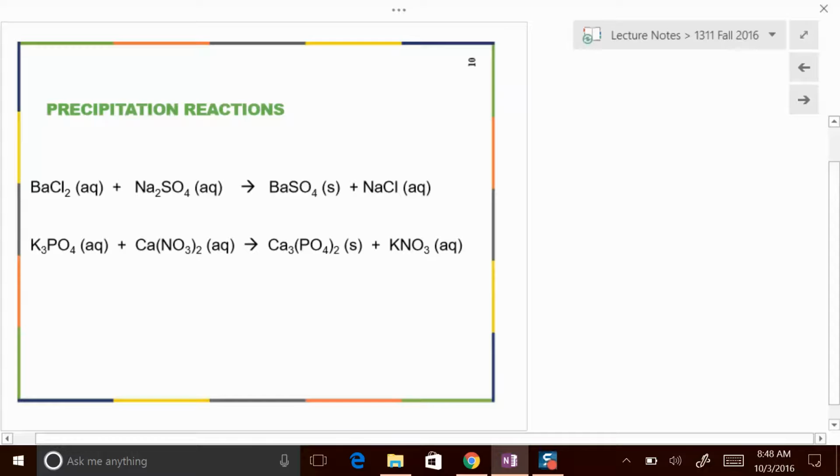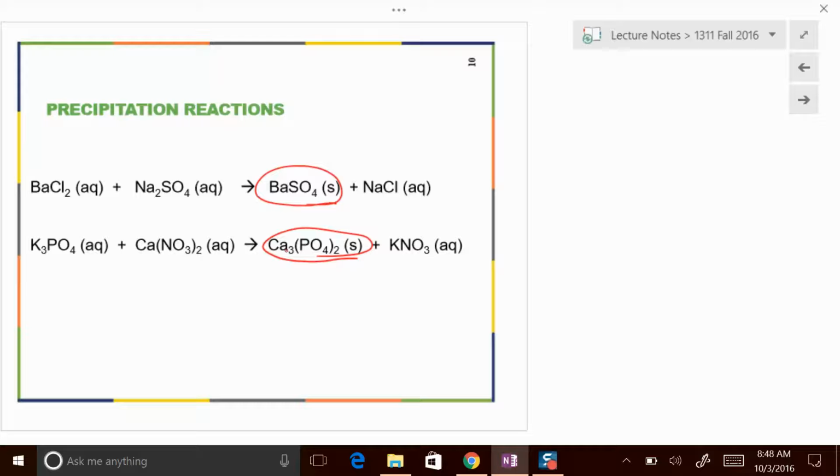Okay. Here we have some precipitation reactions. Okay? So let's go ahead and write the ionic equations and the net ionic equations. They already told us the solid products are this and this: barium sulfate, calcium phosphate. Those are the solid products.